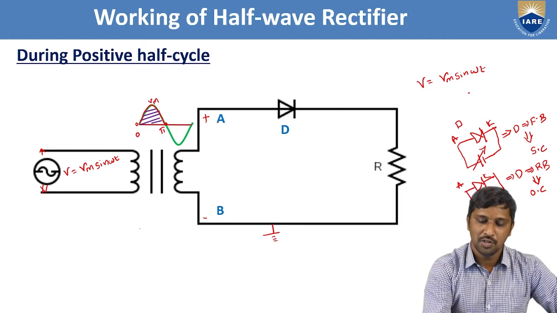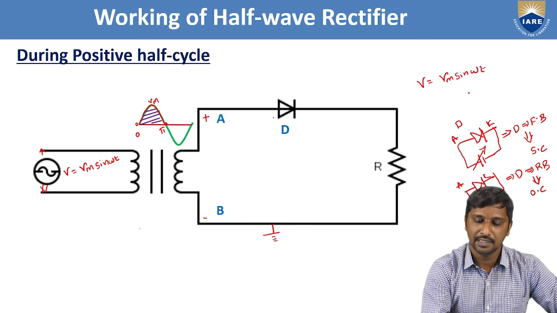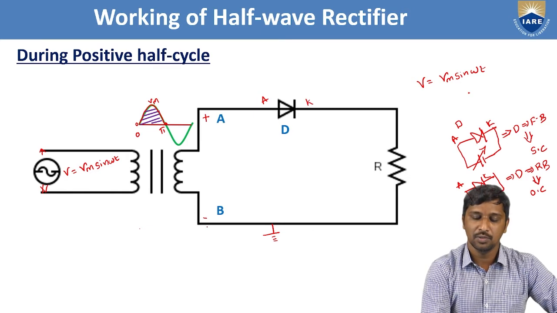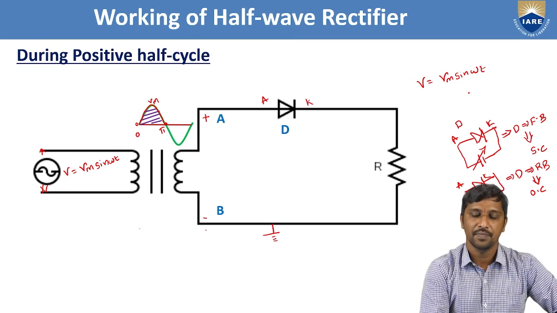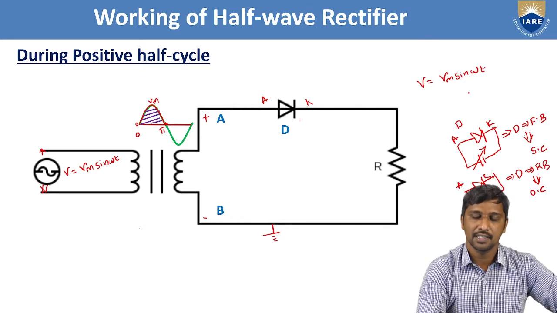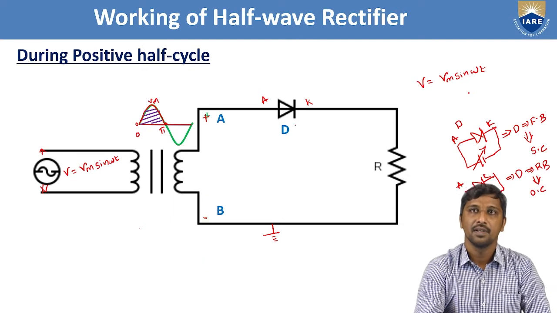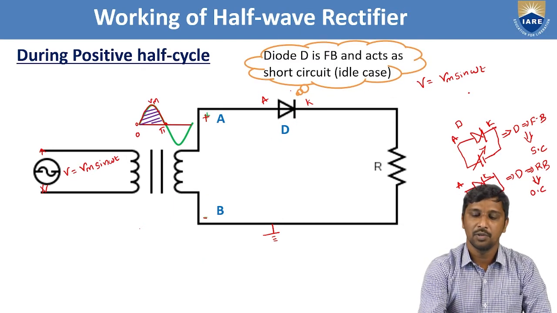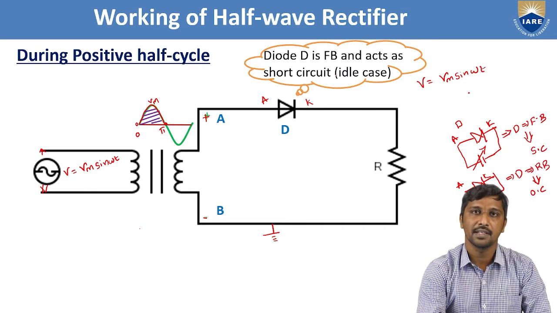Hence, the positive potential is connected to the anode of the diode, and the cathode of the diode is connected to a negative potential. So the diode acts as forward biased here.